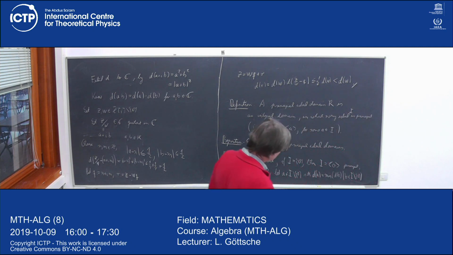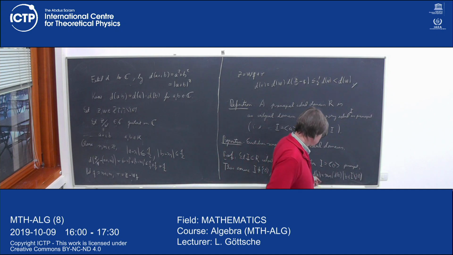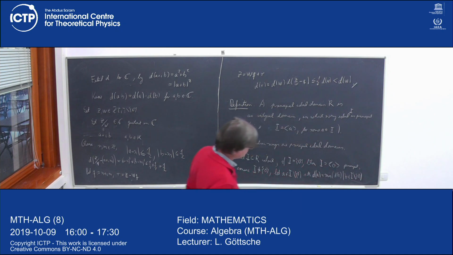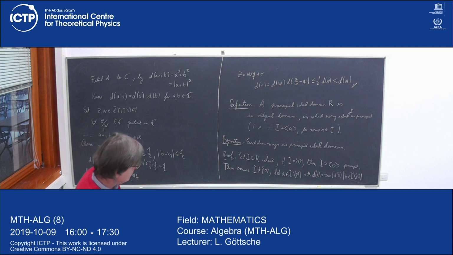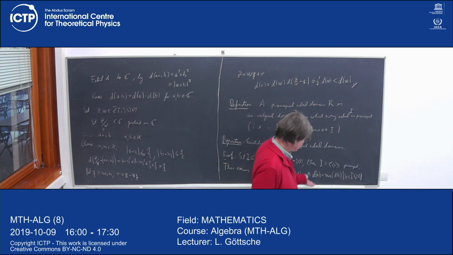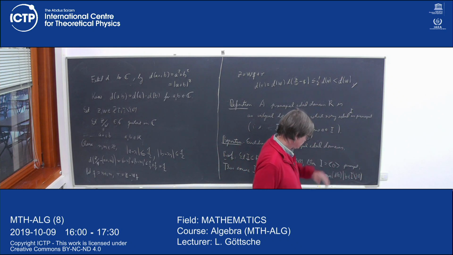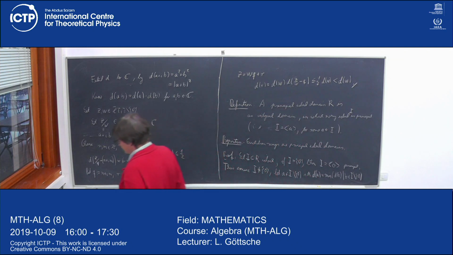Now, the d assigns a non-negative integer to every element in the ring without zero. So obviously the set of all d of B with B in this is a set of non-negative integers, so it certainly has a smallest element that we can take.